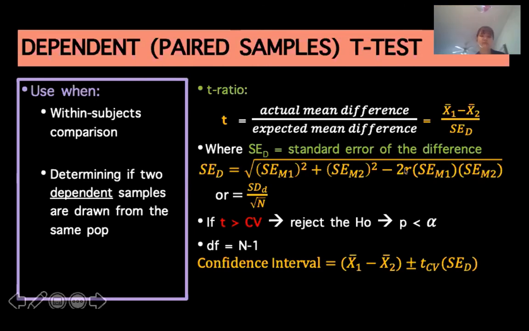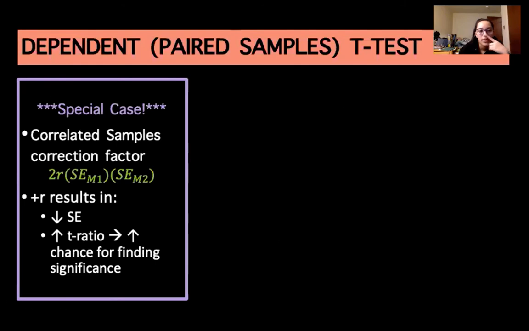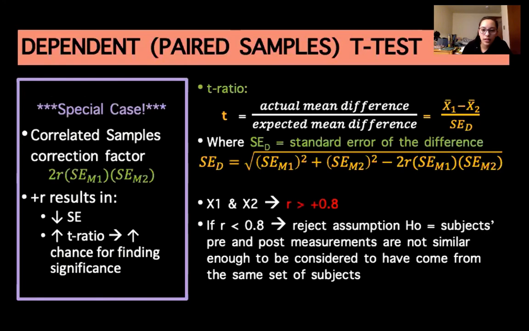So let's talk about this R in here. This is the correction factor, popping in a correlation between the two samples. Typically, there will be some correlation coefficient reported in the output.